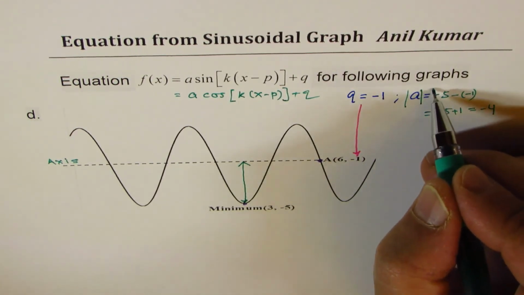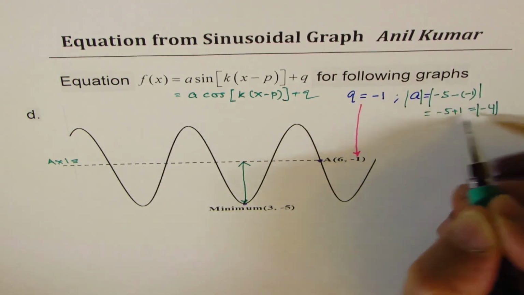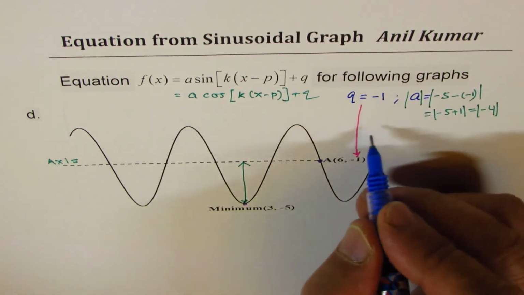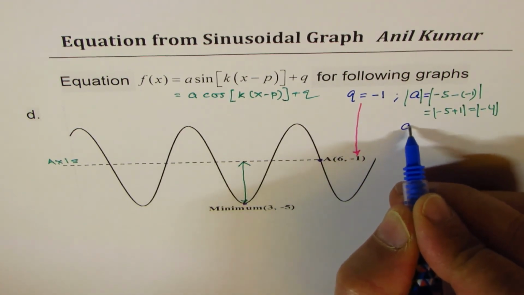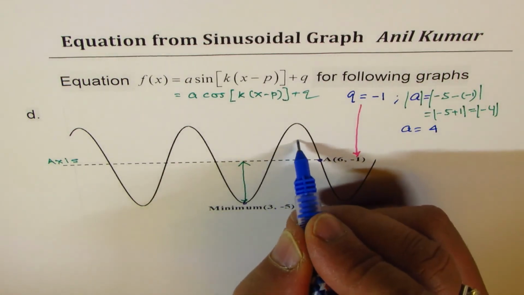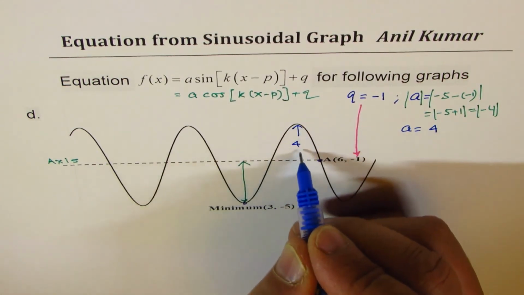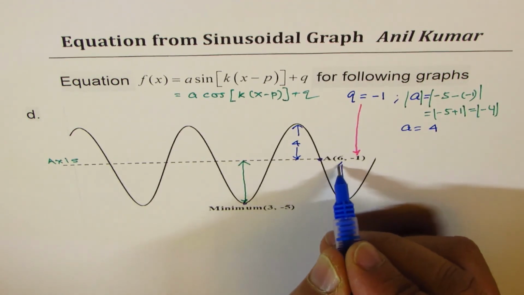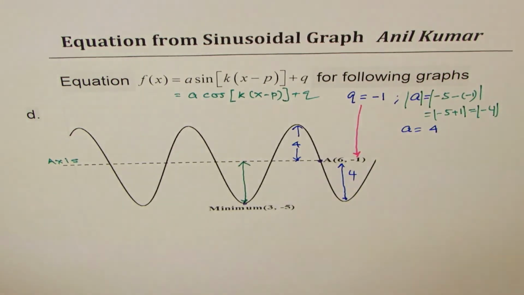So you have to take the absolute value of this. This is important, right? Always A is absolute. So what we get here is that the value of A is 4 units. So that means you're going 4 units up and 4 units down from the axis, correct?